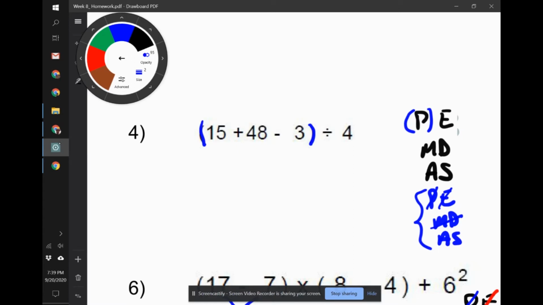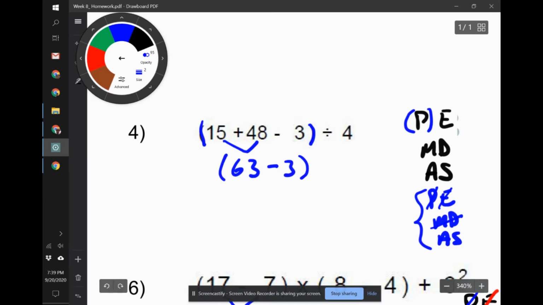So remember to just go from left to right. 15 plus 48 would be 63. Minus 3. We still have our blue set of parentheses though, because we're not done. And then here, 63 minus 3 would just be 60.